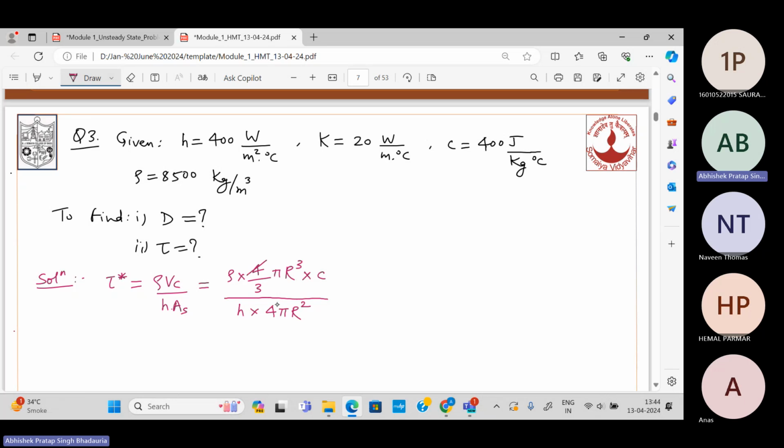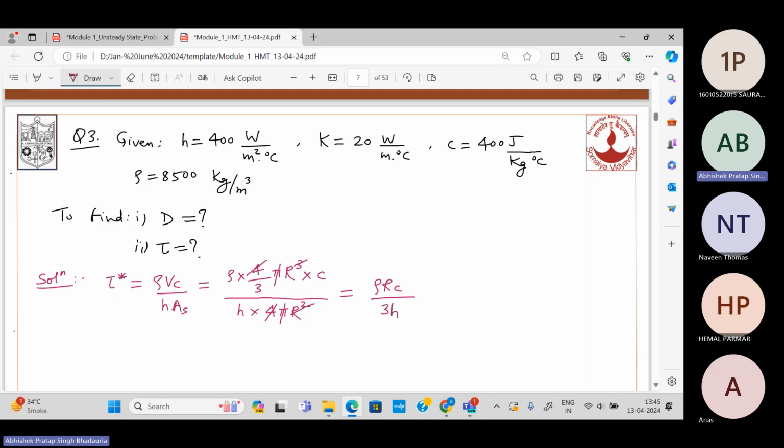So 4 cancels, pi cancels, r square cancels. Simplifying, we get rho r c divided by 3h.